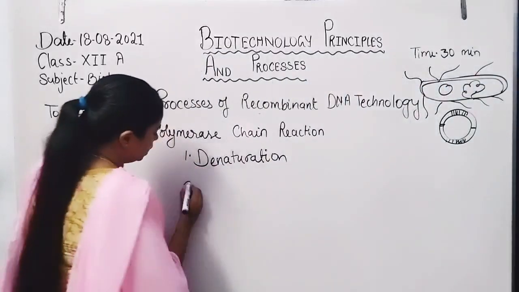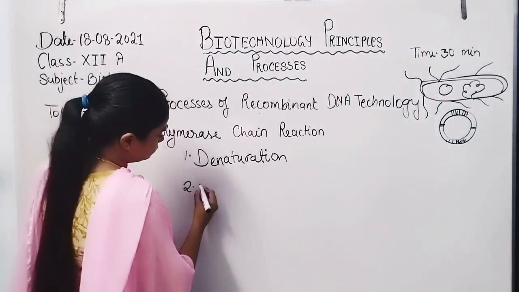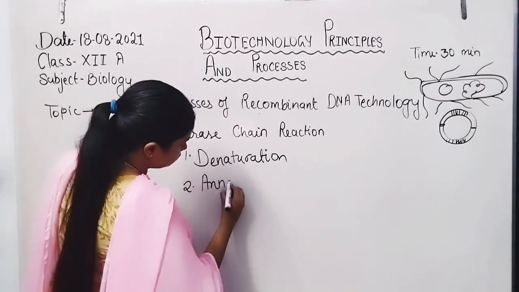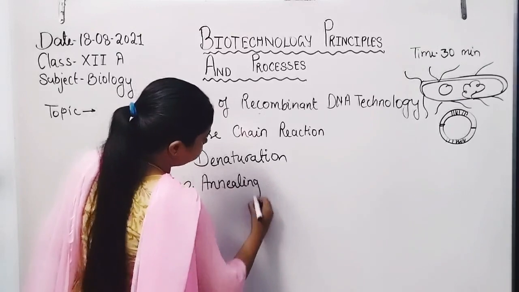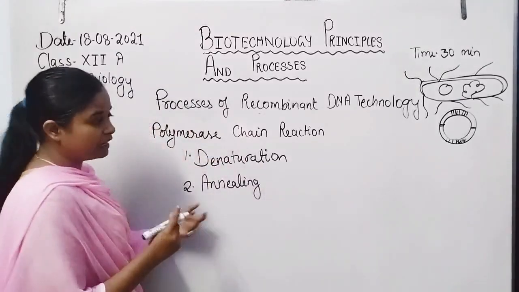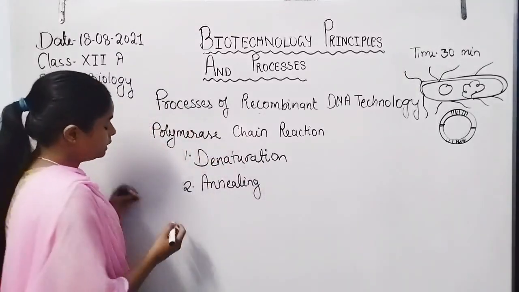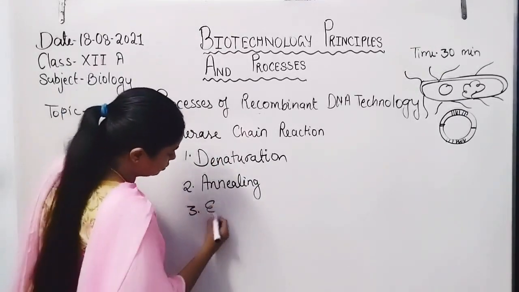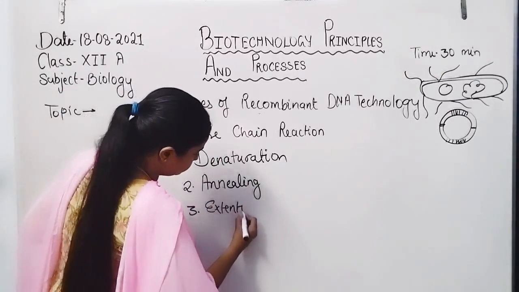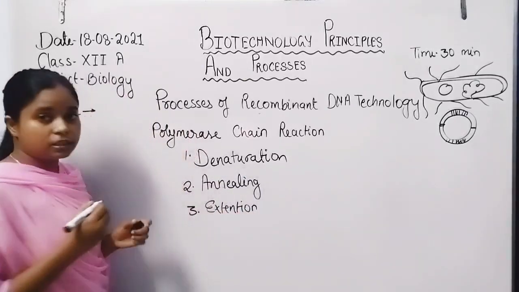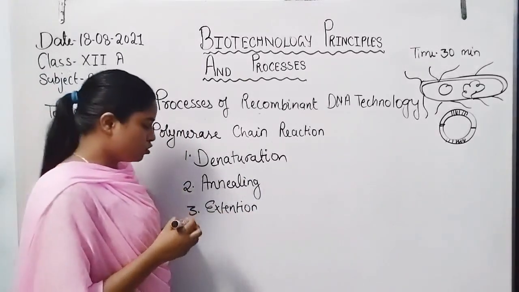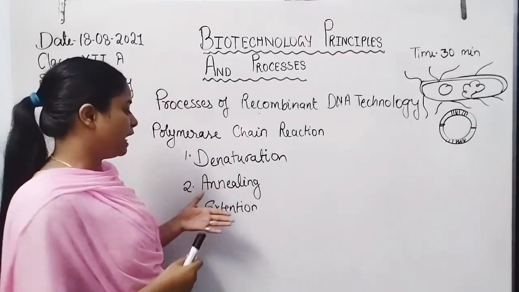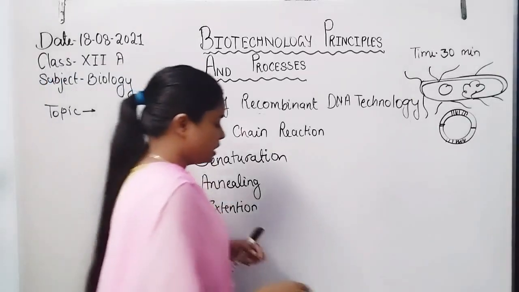The second step is annealing of genetic material, that means addition of primers on DNA, and the third is extension of genetic material. So first we discuss the denaturation process, then we discuss annealing and extension.